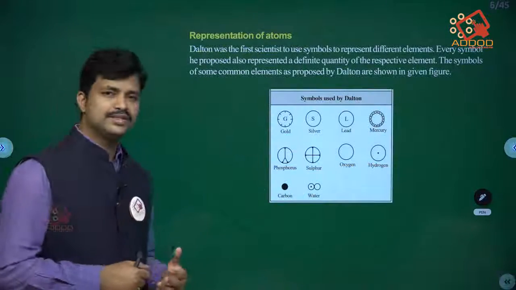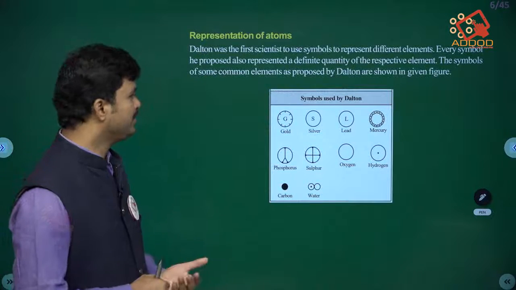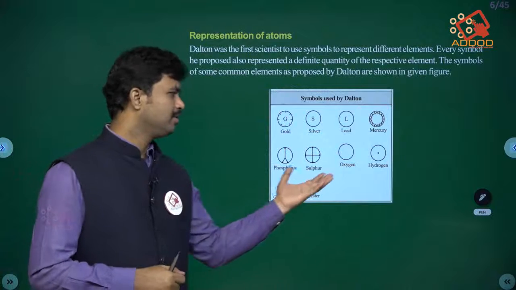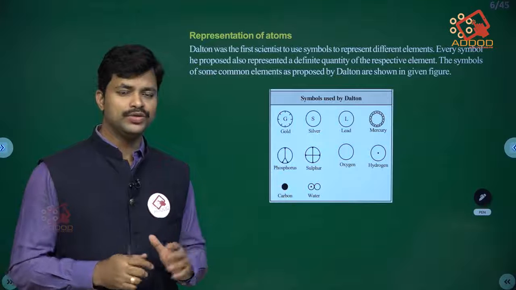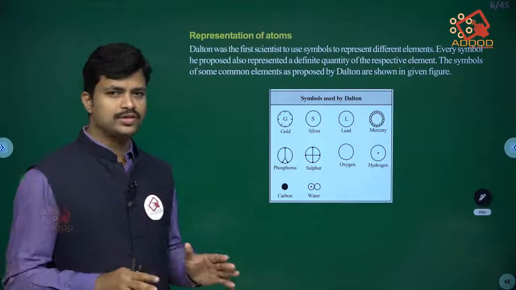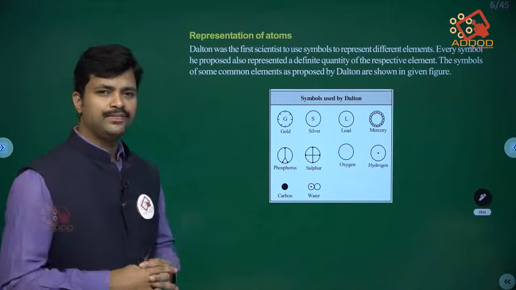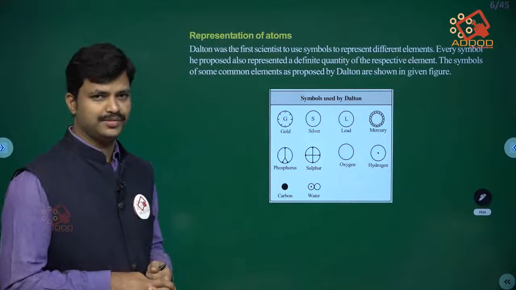Here is the representation of an atom. In olden days, we had this kind of presentation of an atom. This is old notation. Don't worry, this will not disturb your IIT and NEET preparation.